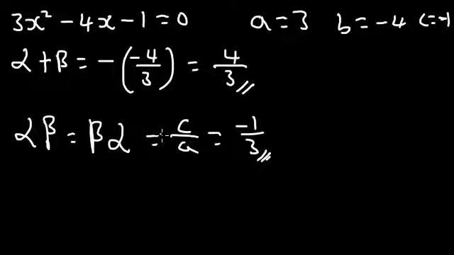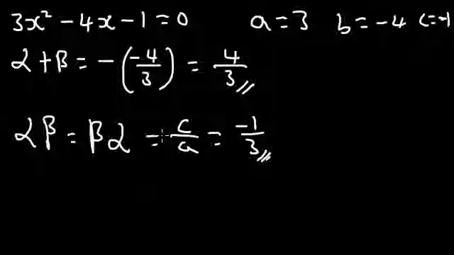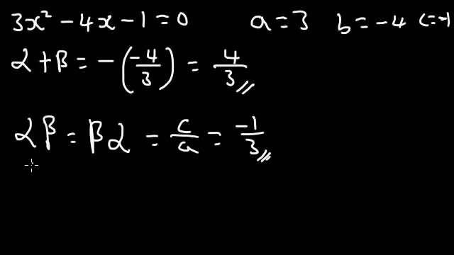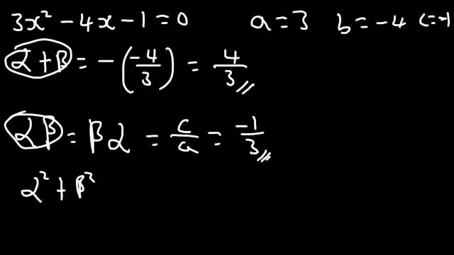Now, let's try to consider using alpha plus beta and alpha beta to solve some other symmetric relations. So let's consider the first one. How can we find the value of alpha squared plus beta squared? Feel free to pause the video and figure this out yourself. What I would like to do is just write down the values of these two somewhere without getting rid of them.